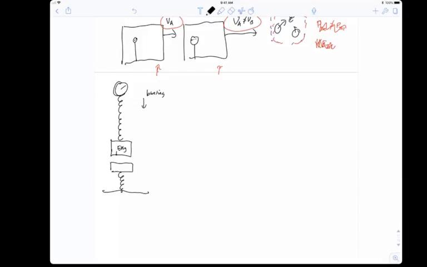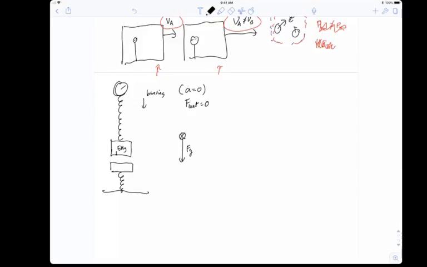So essentially what we're going to do is we're going to say acceleration is 0. So net force is equal to 0. But here's the thing. There's gravity pushing the 5 kilogram block down, and there's two forces pulling it up.